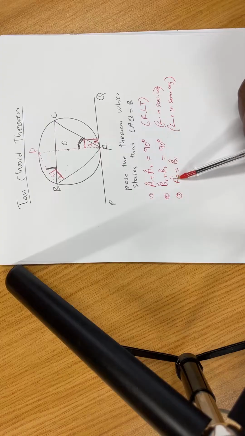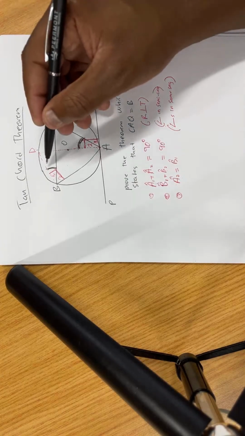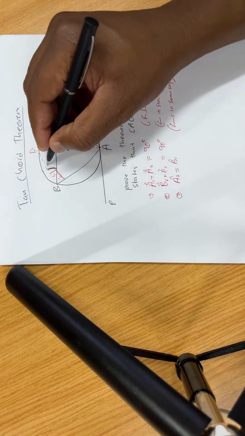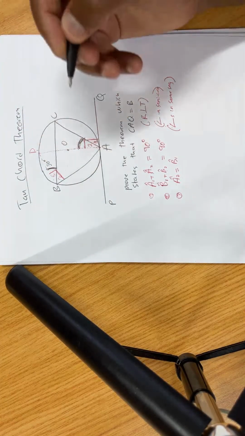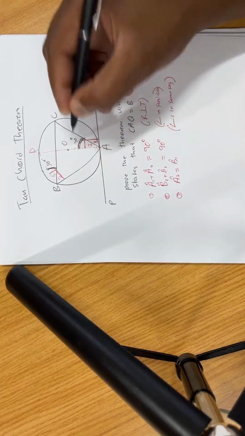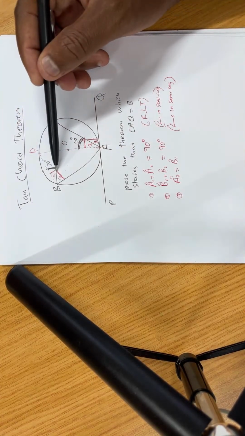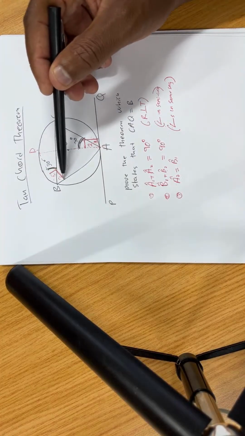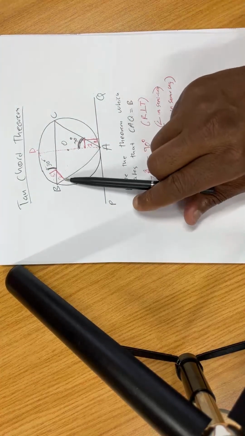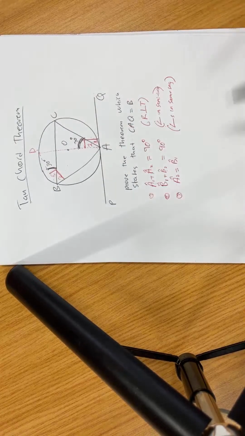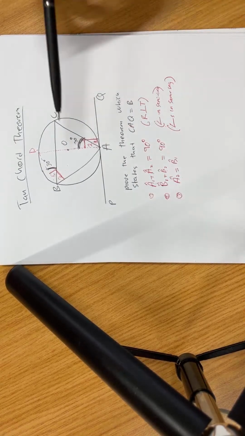If this is 30 degrees, since we know the whole angle of B is 90 degrees, B2 is 60 degrees. The very same thing applies to angle A1.